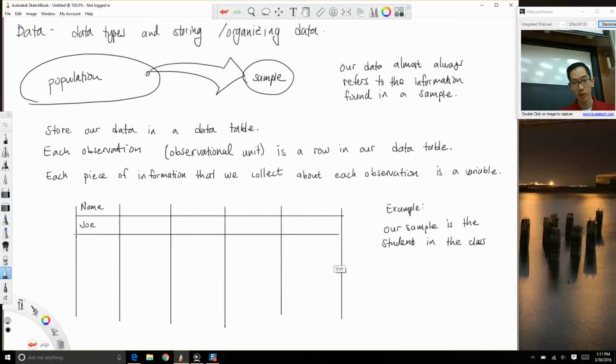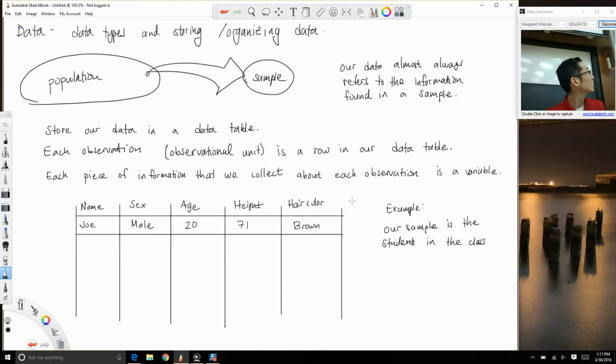Each observational unit gets a row, and we'll have sex, age, height, hair color. Joe is male, is 20 years old, is 71 inches tall, and has brown hair.